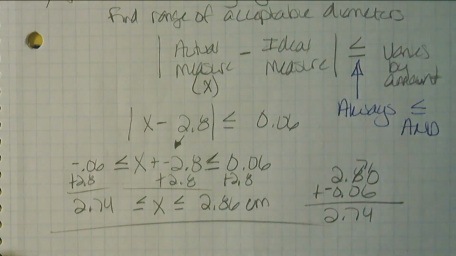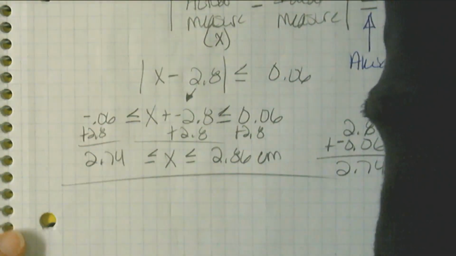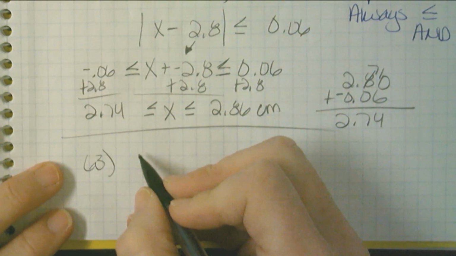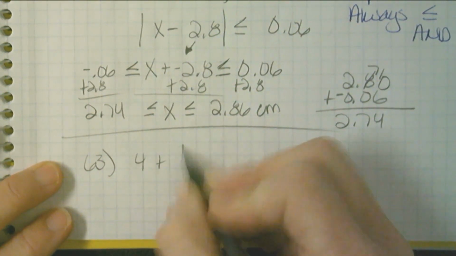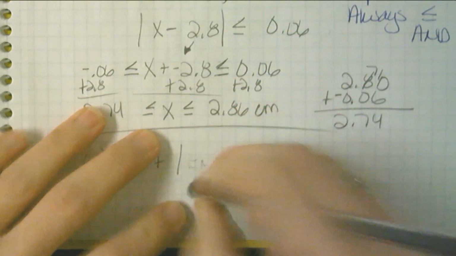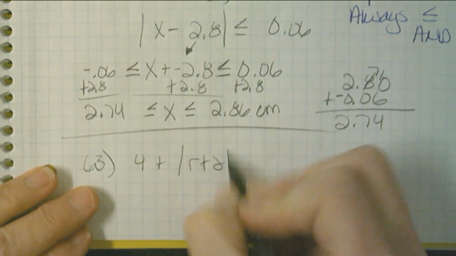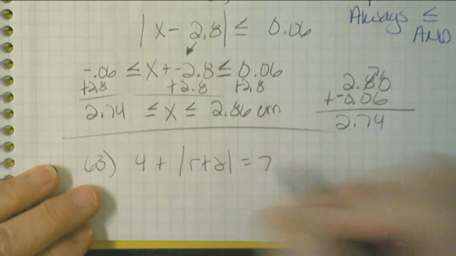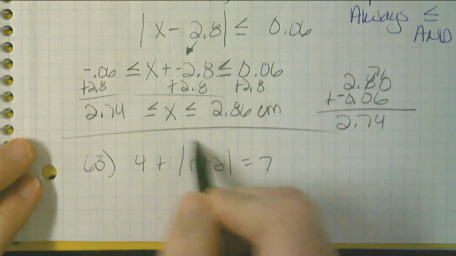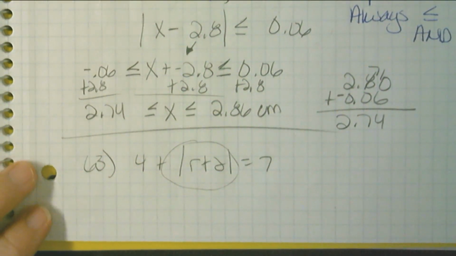All right, let's look at number 63 since I skipped it. 63 said I have 4 plus the absolute value of r plus 2 is equal to 7. Who asked me for this? Okay. So Serena, remember, whether this is an inequality or an equation, I still have to get that absolute value part completely alone.